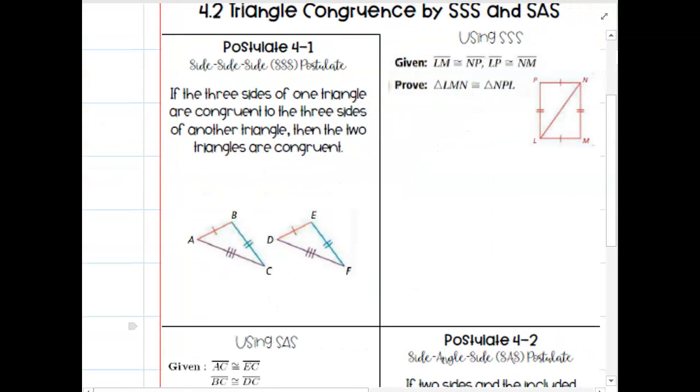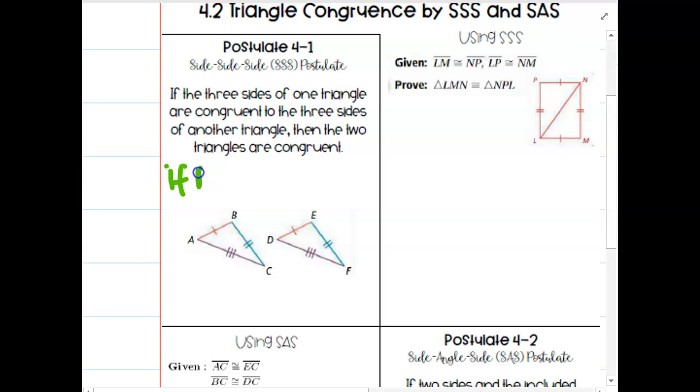So the first one is called the side-side-side postulate. Basically, instead of having to show that all of the angles are congruent and all of the sides are congruent, if you can show that all of the sides are congruent, that's enough to show that two triangles are congruent. So for example, we have these two triangles here.